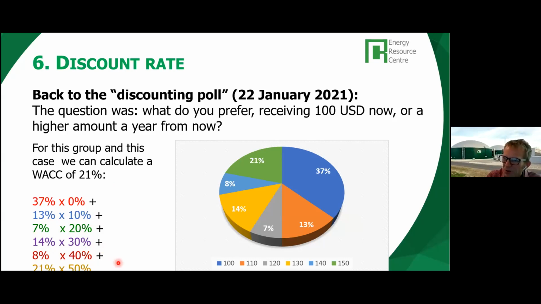And by combining all of this, we arrived at a weighted average cost of capital of 21%. By multiplying the percentages with the total share of participants that require this rate, and by summing them up, you arrive at the weighted average cost of capital of 21%.